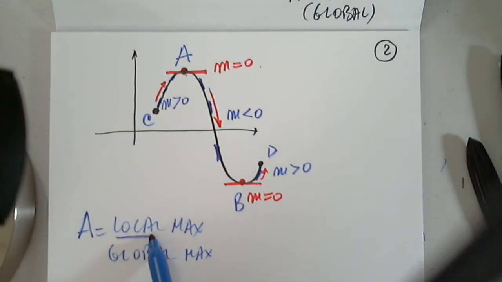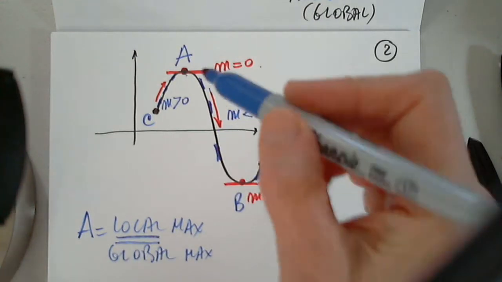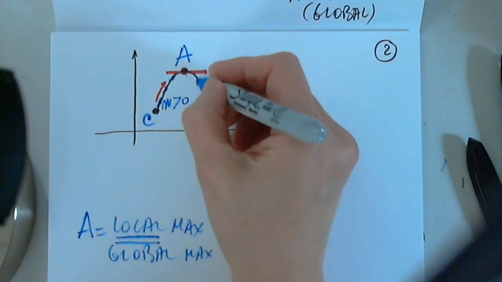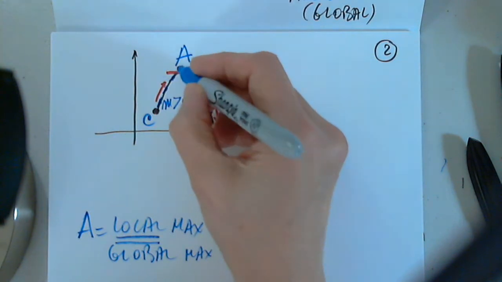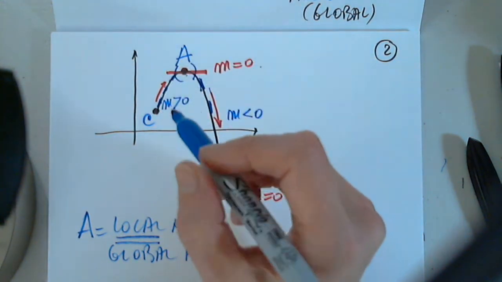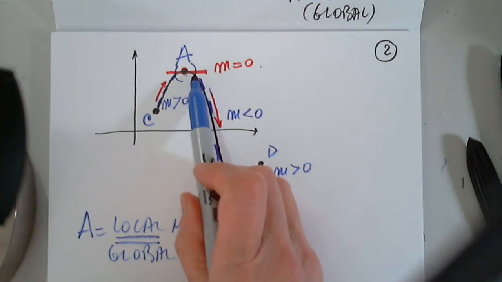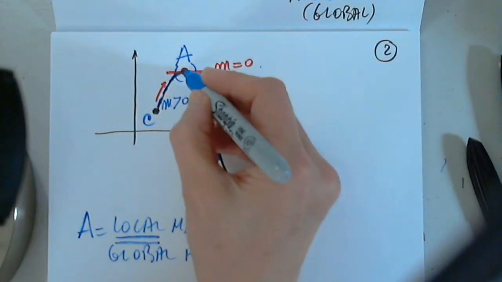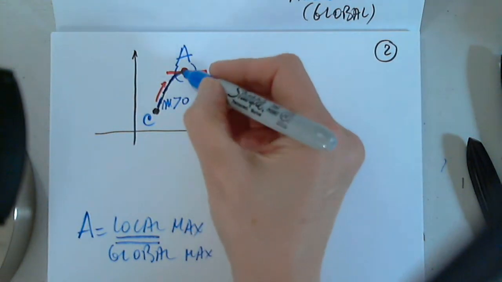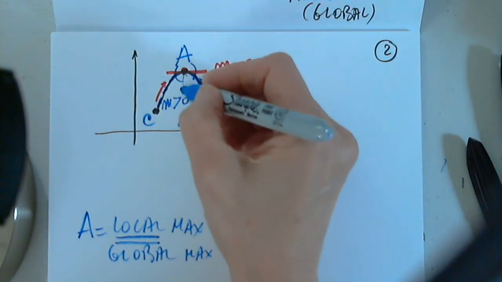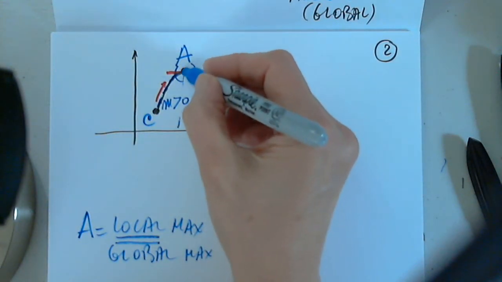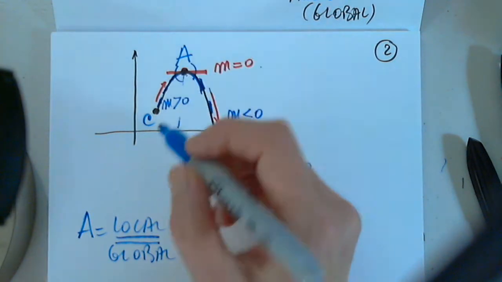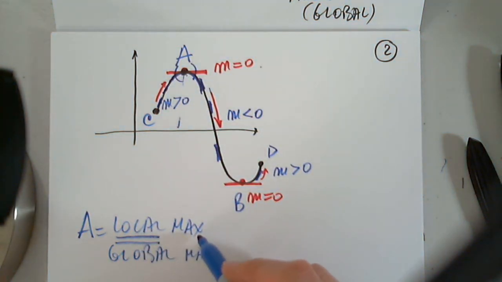For a function to have a local max, the function must exist on both sides, and the function values in this tiny interval are all smaller on both sides, smaller than this function value. Then this point is called a local or relative max.